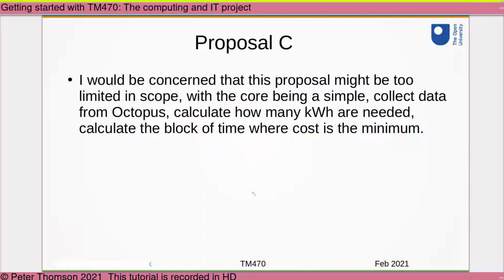Wrapping it up in an app gives a bit more scope. It could even be a saleable app, but I'm not sure that there's enough variety there to make it straightforward to produce all the different aspects of the TM470 project.